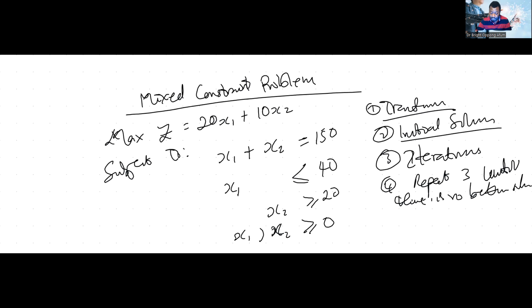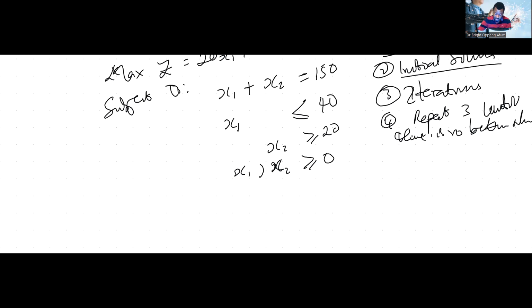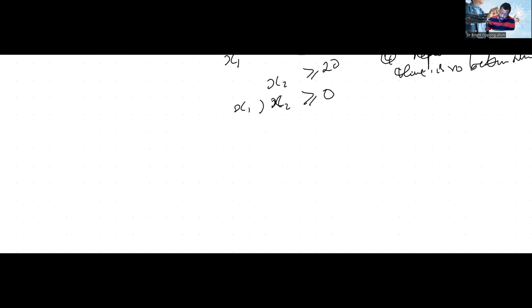All right, so for us to transform the inequalities, let's pick the first one. x1 plus x2 is equal to 150. So here, you may think that x1 plus x2 is equal to 150 is actually a standard simplex form, but it is not. Why?